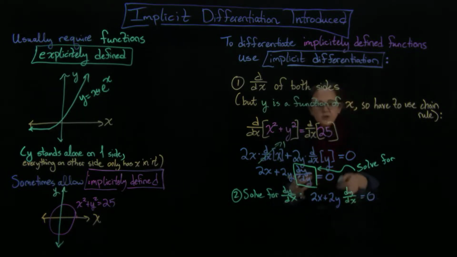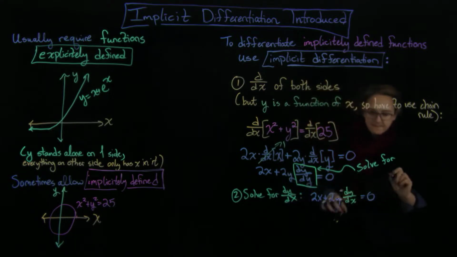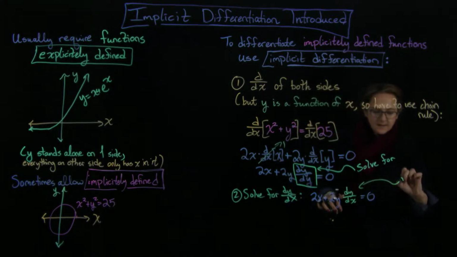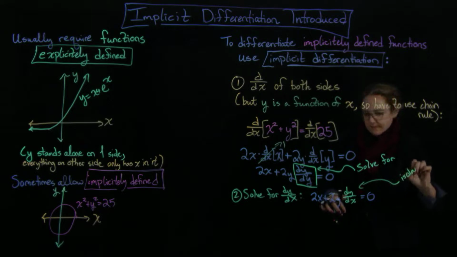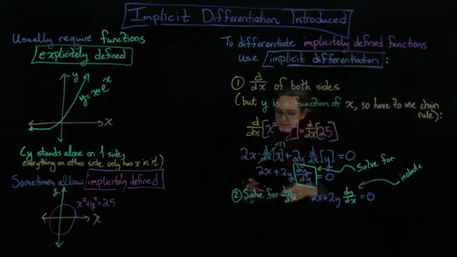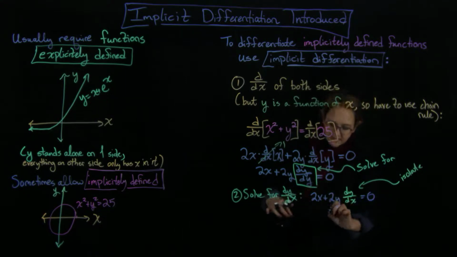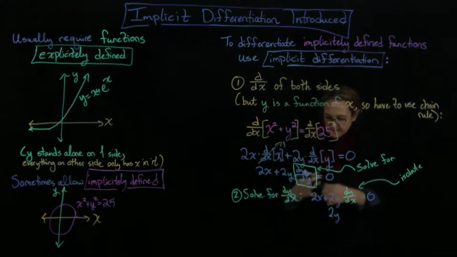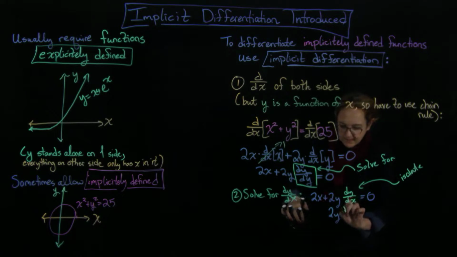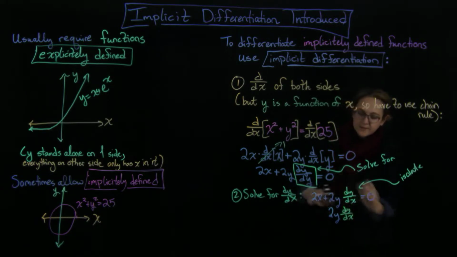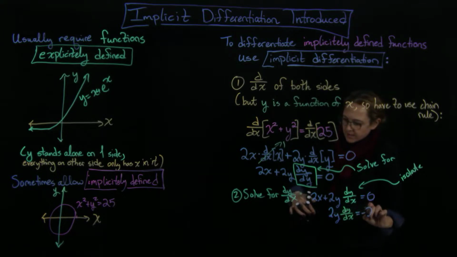So we need to solve for or isolate it. So we have to start subtracting things off. So let's subtract the 2x from both sides. So I get 2y dy/dx, and then I subtracted the 2x from both sides, so I get minus 2x.